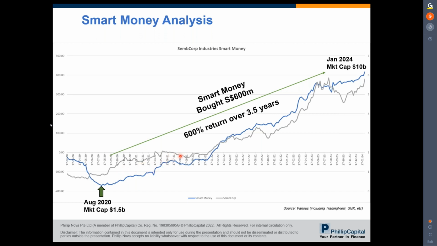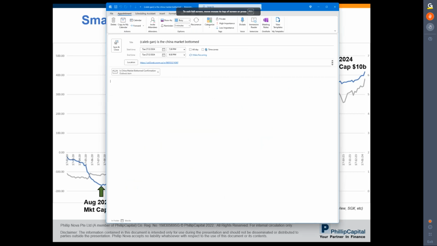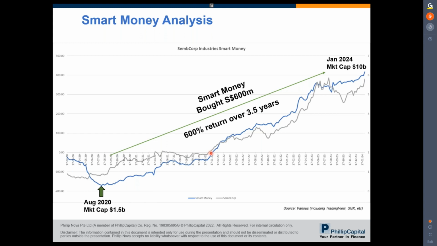Even after then, the profits that Sembcorp Industries is bringing in don't really warrant a 600% return over 3.5 years, right? So the investment into this is really because of the future development, technological trends, as well as government policy.